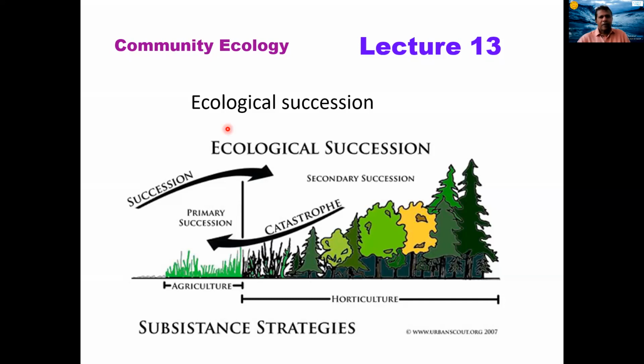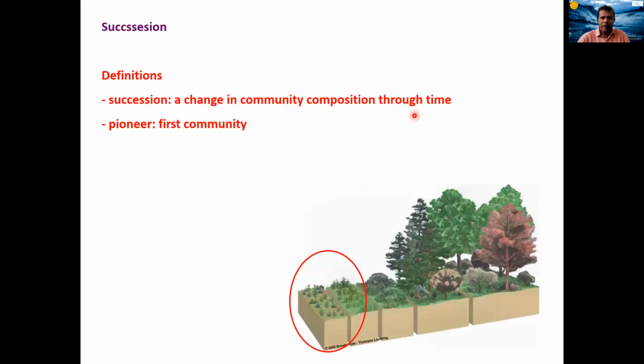So what is ecological succession actually? Let's go a little bit further into succession. A very simple definition of succession is a change in community composition through time, how a community changes its composition over time.